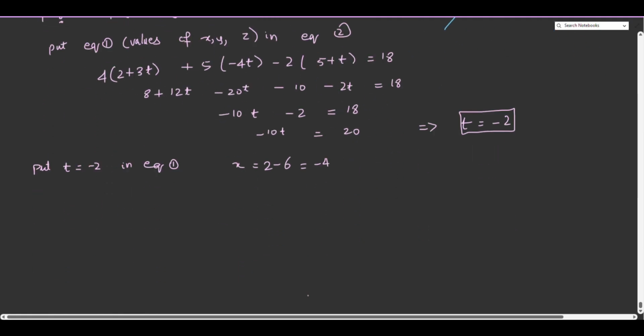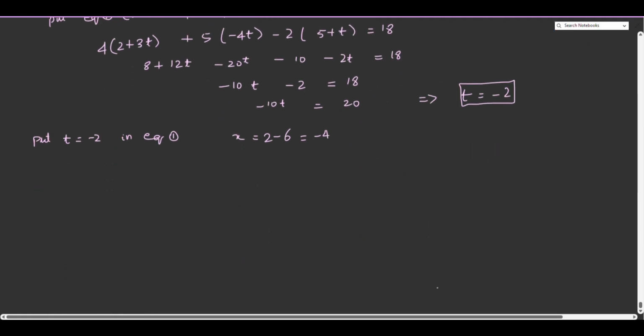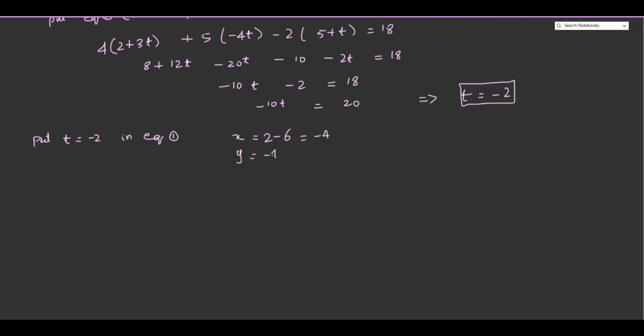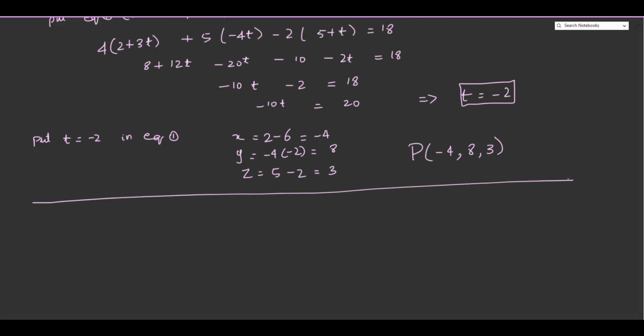And what is y? Y will be equal to minus 4 multiplied by minus 2, which is equal to 8, and z equals 5 minus 2, which is equal to 3. So the point of intersection is given by minus 4, 8, and 3. That's how you can find the point of intersection of a line with a plane.